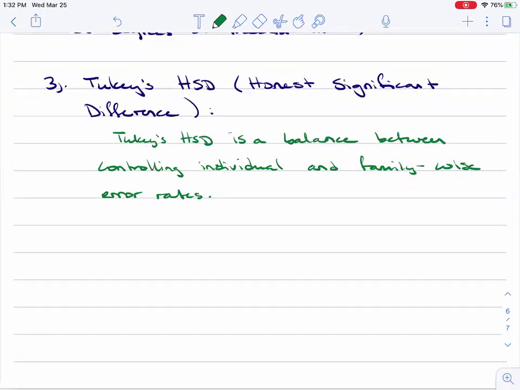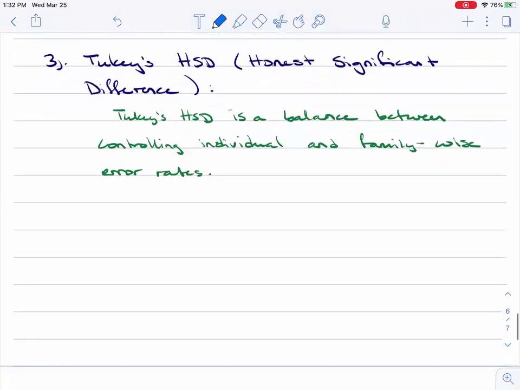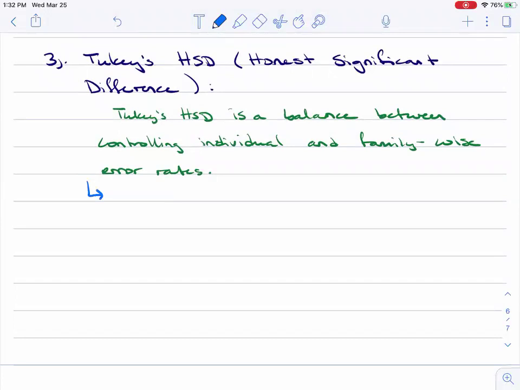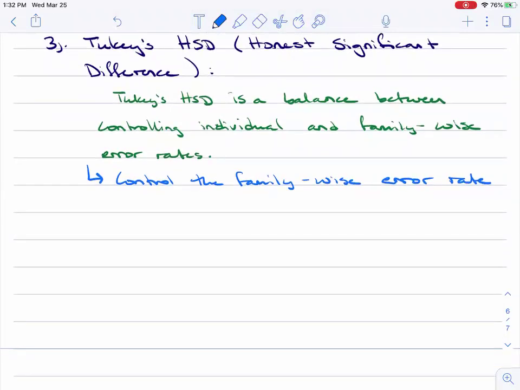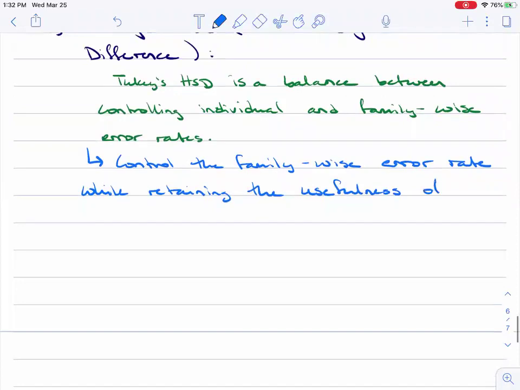Okay. And so we can also say this is a way to control the family-wise error rate while retaining the usefulness of the individual intervals.